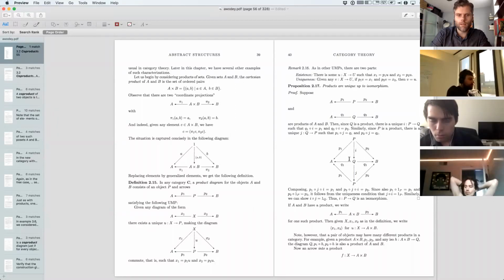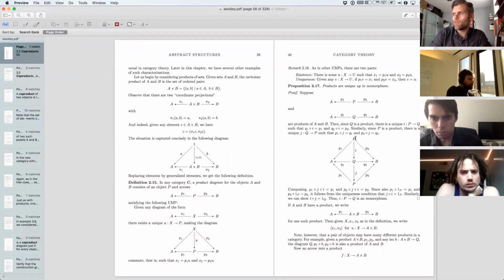So because of the existence condition, there must exist an I, right, which goes from P to Q. There must exist a J that goes from Q to P. Because if P is really a product, then for any other Q, right, there exists a U that makes that diagram commute, right?